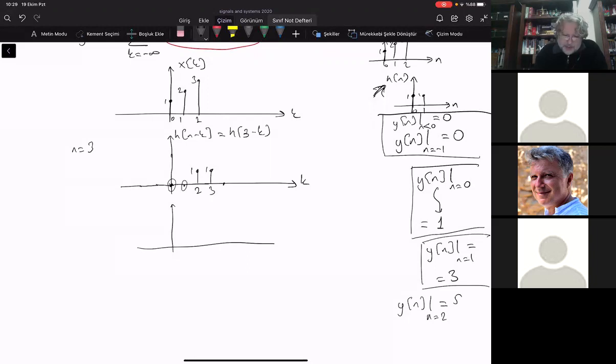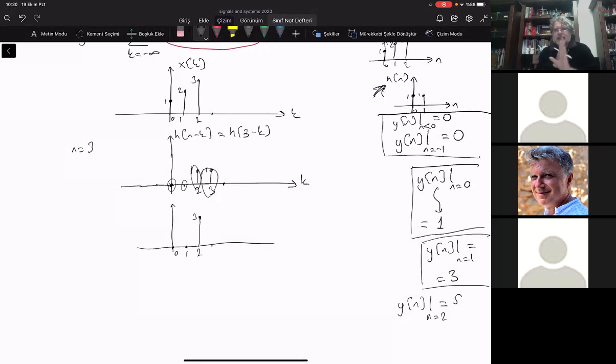So this 0 times 2 will give you 0. So we have 0 here and 0 here. And 1 times 3 will be 3, like this, at 2. And this 3 will be multiplied by a 0 here. So it's going to be again a 0.